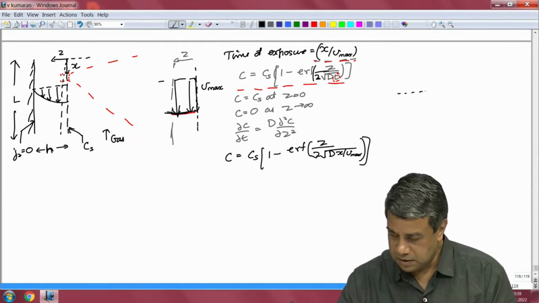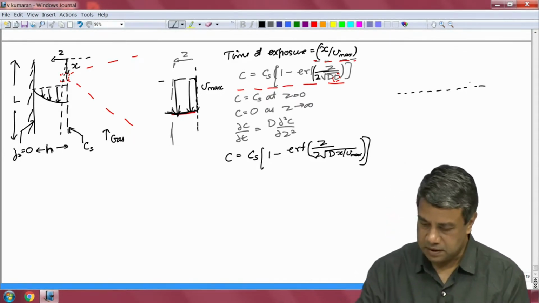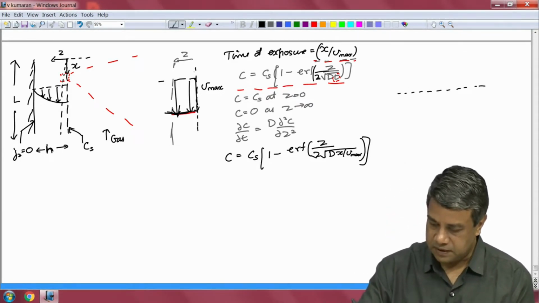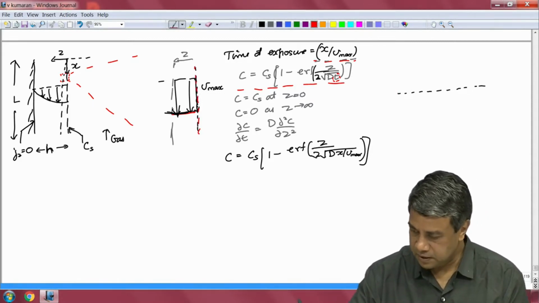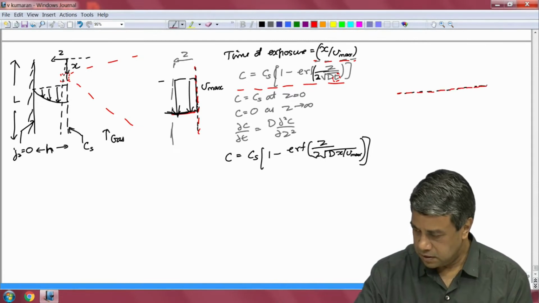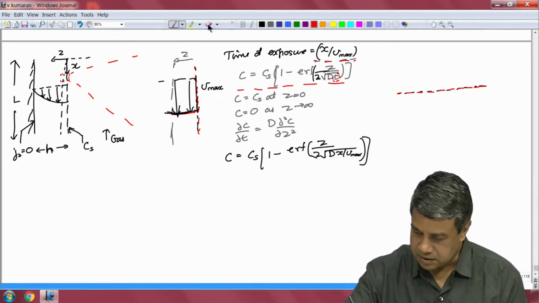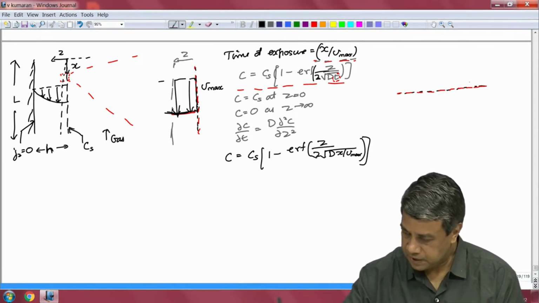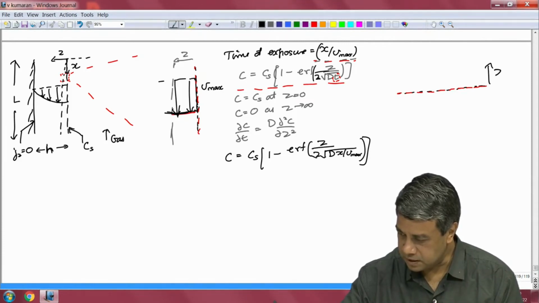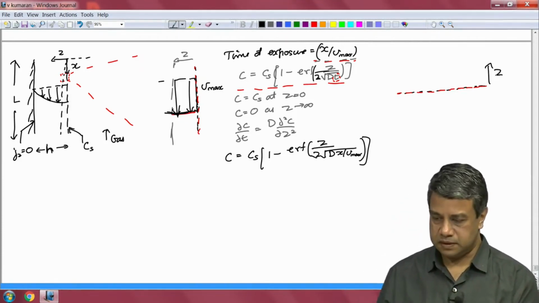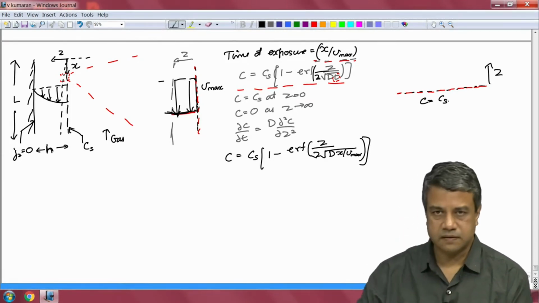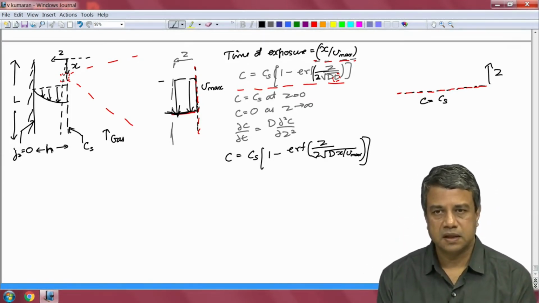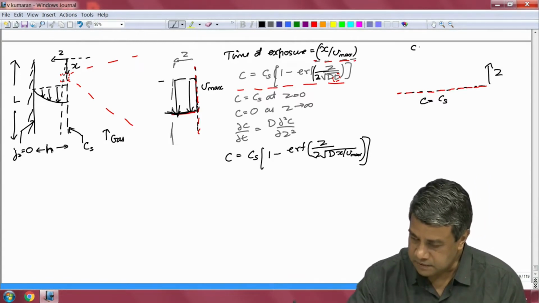This is the interface, and the z coordinate is measured from here, and C is equal to Cs at the surface, and C is equal to 0 far from the surface.